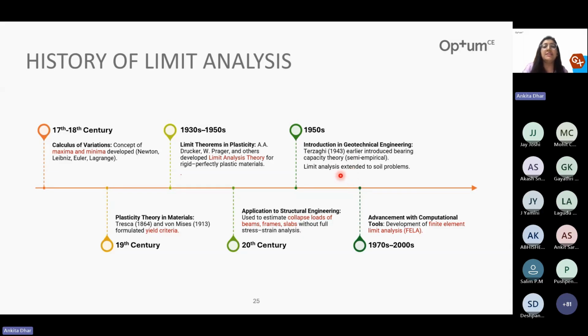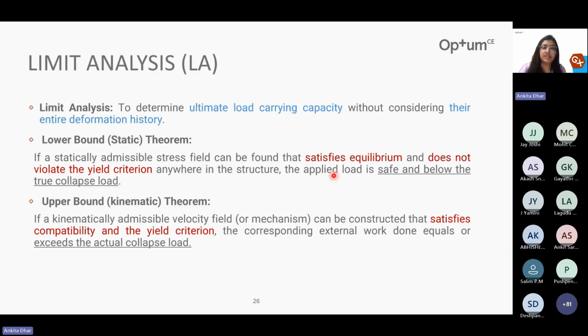Then limit analysis was used to extend the problem. Hansen gave us the shape factors, and they are all based on limit analysis only. And then with the advancement in computational tools, now we have finite element and limit analysis tools that can use this limit analysis theory in practice in geotechnical engineering.